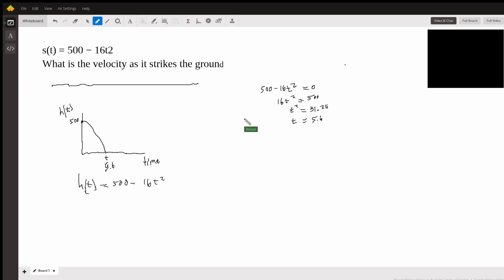Okay, so what makes this a calculus problem? Well, what makes this a calculus problem is that we're given the position of the ball, the height of the ball at time t, but the velocity is the first derivative here. So we just have to take the first derivative, h prime of t.